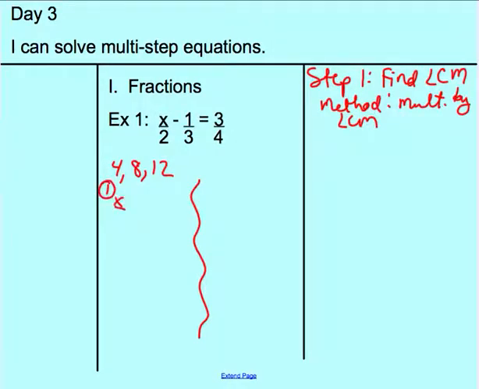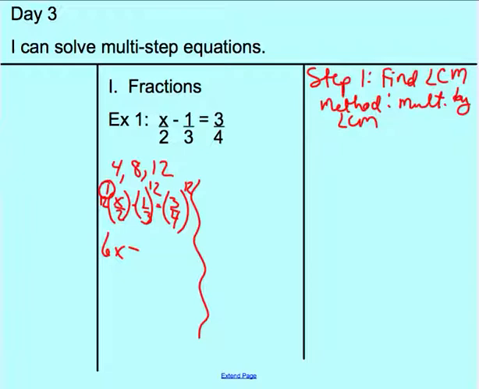I am going to take my equation and multiply everything by 12. So my first term, x divided by 2, now I'm going to take my 12 and divide by 2 and get 6. So I've got 6x. My second term, 1/3, or 1 divided by 3.